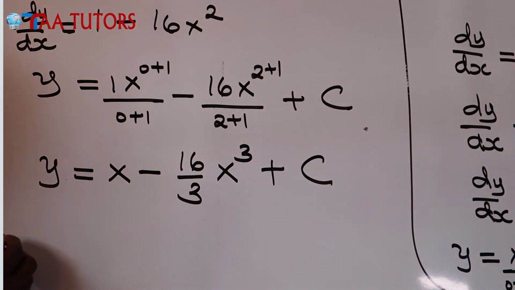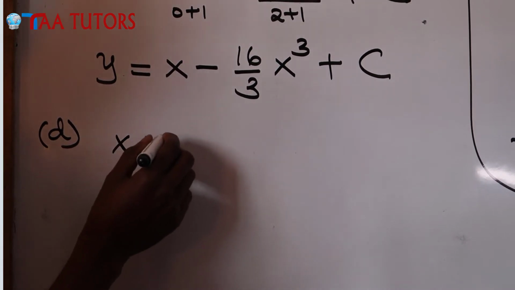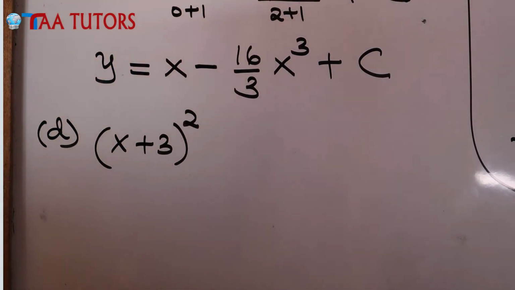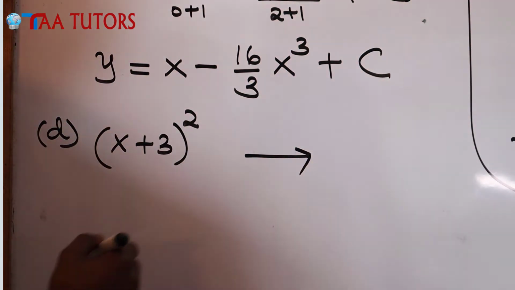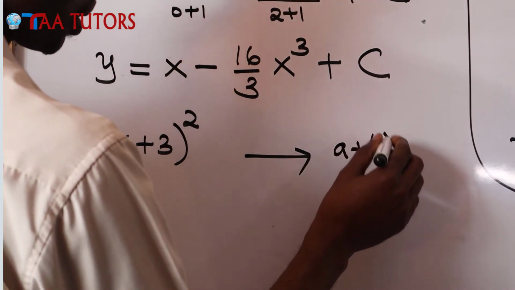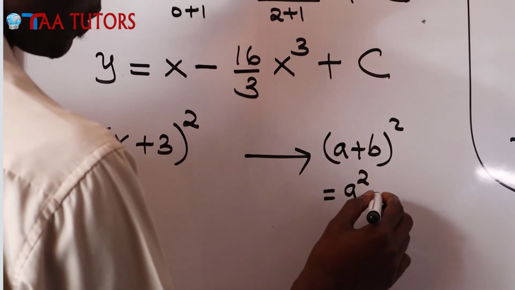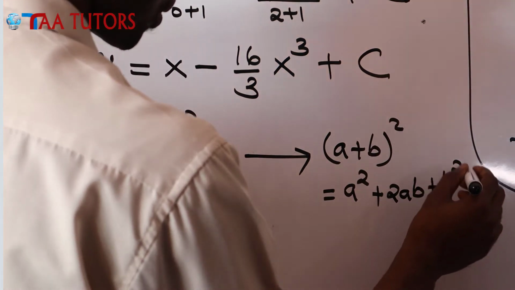Then let me go to the last one in this case, which is x plus 3 squared. Earlier we have been talking about quadratic identities, which say that (a plus b) squared is the same as a squared plus 2ab plus b squared.